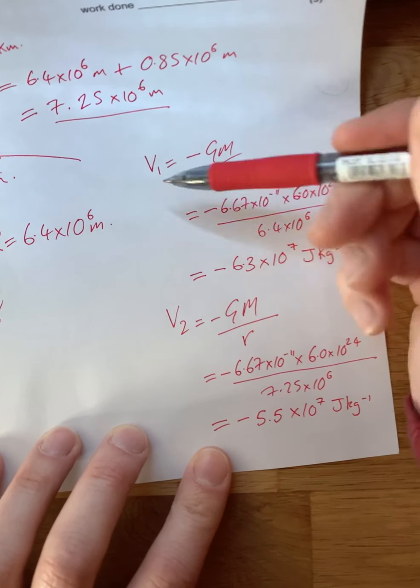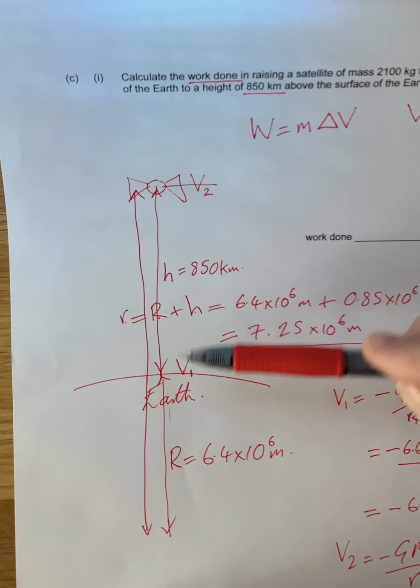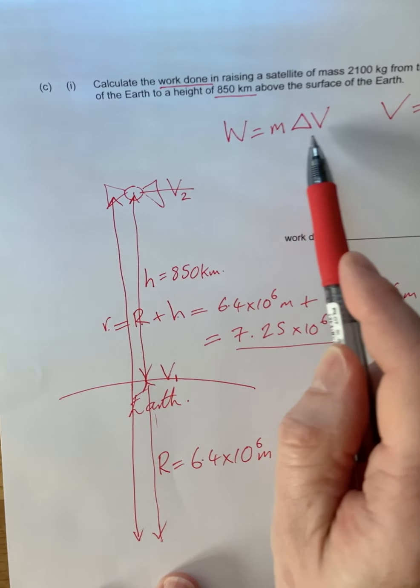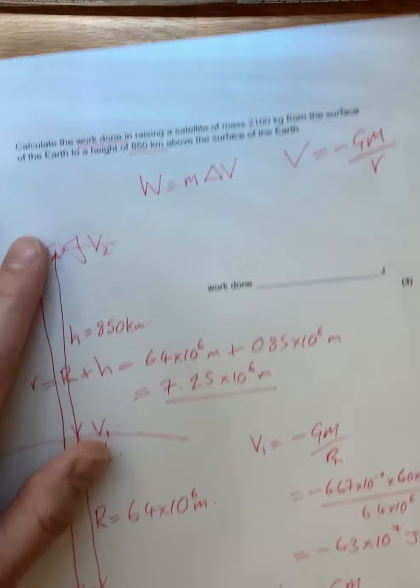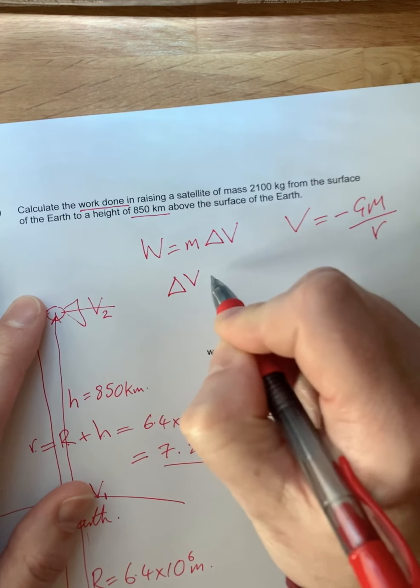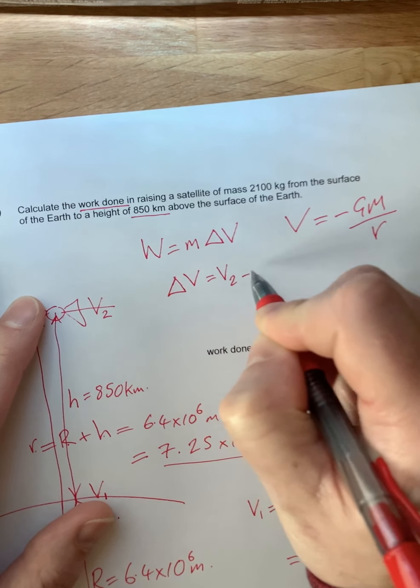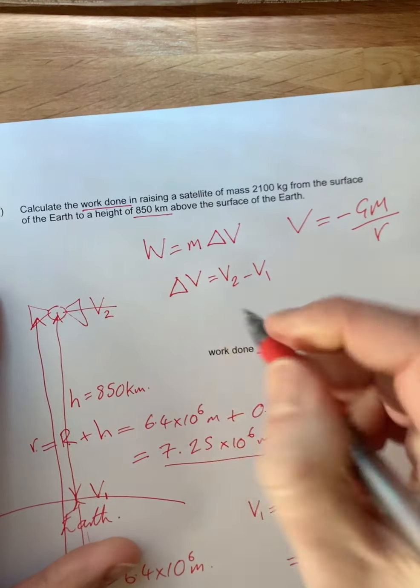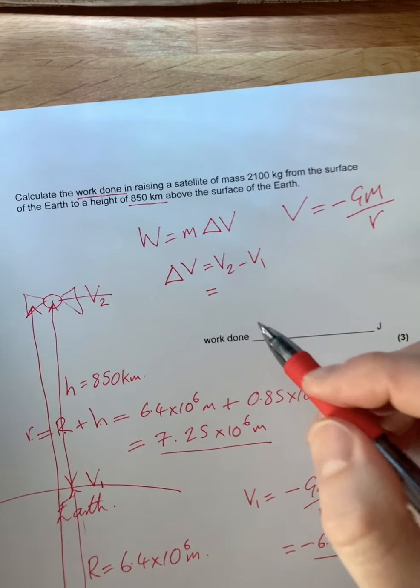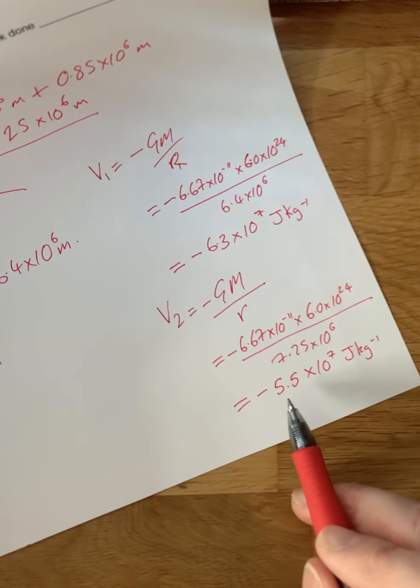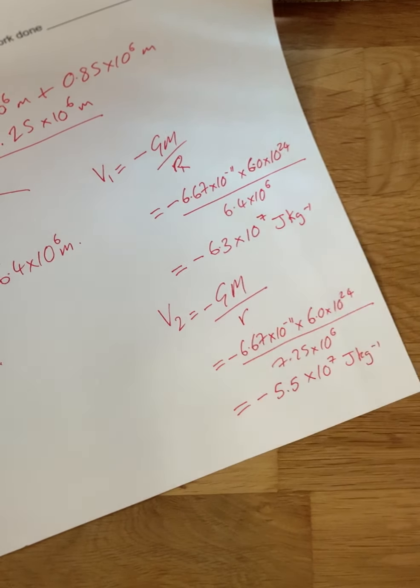Okay, now that we've got these two potentials, going from this potential to this potential, we can work out the potential difference. So the potential difference is going to equal V2 minus V1. We went from here, we're going to there, V2 being this value and V1 being this value.